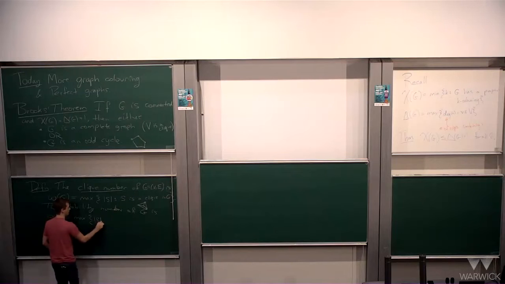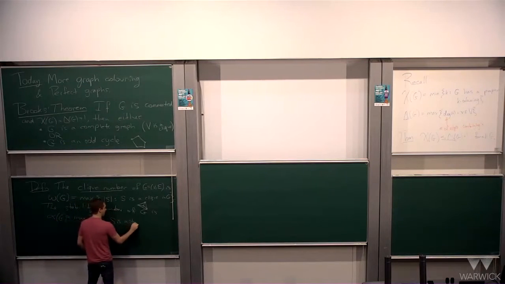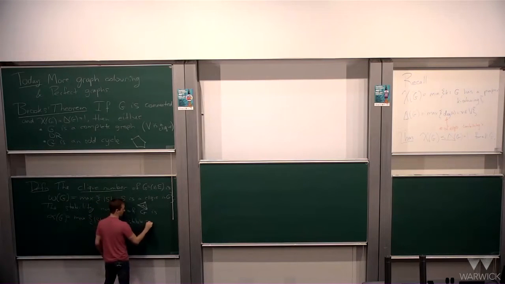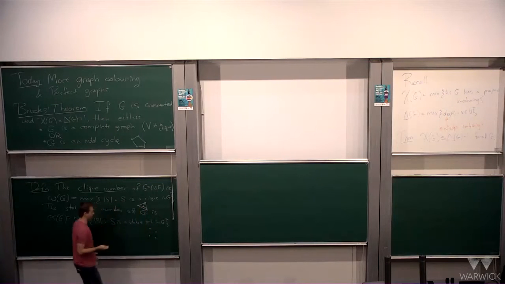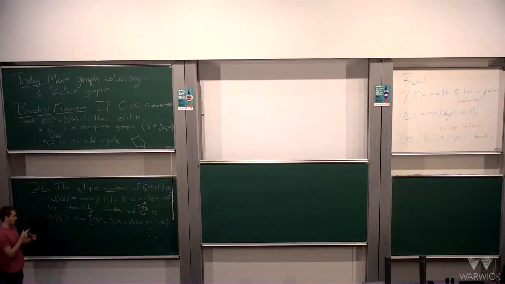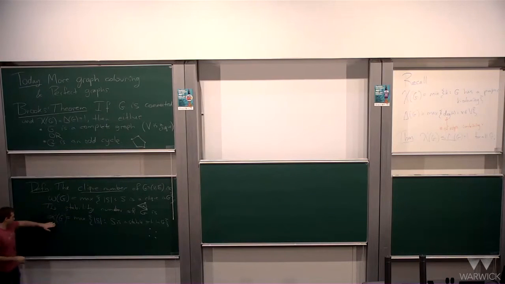So the max cardinality of S such that S is a stable set in G. Remember, a stable set is a set of vertices with no edges between them, kind of the opposite of a clique. So these are concepts we've seen before, stable sets and cliques. Now we're just saying this is a parameter which tells you the biggest size of a stable set or a clique.